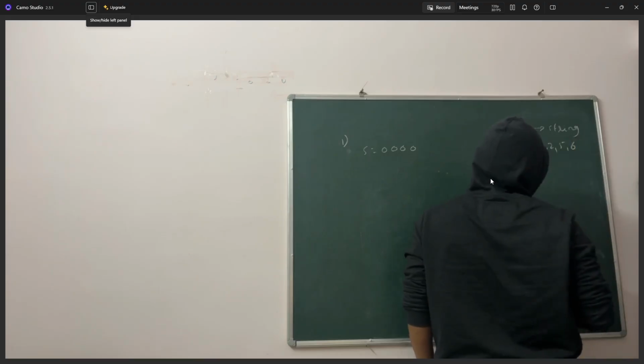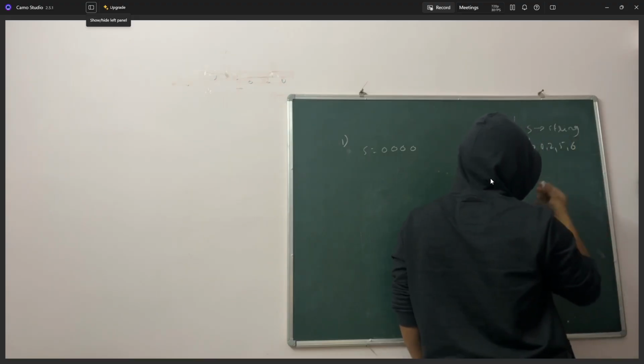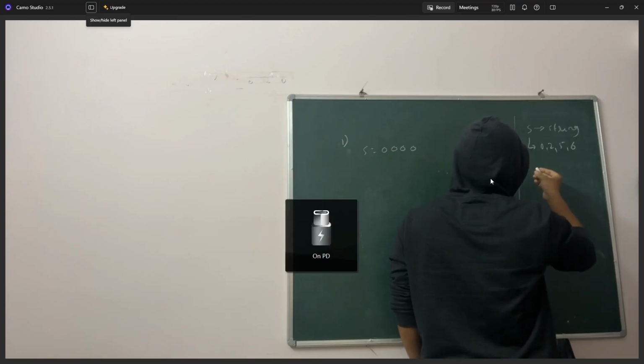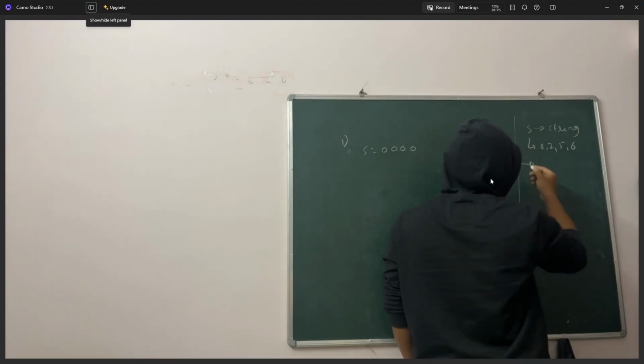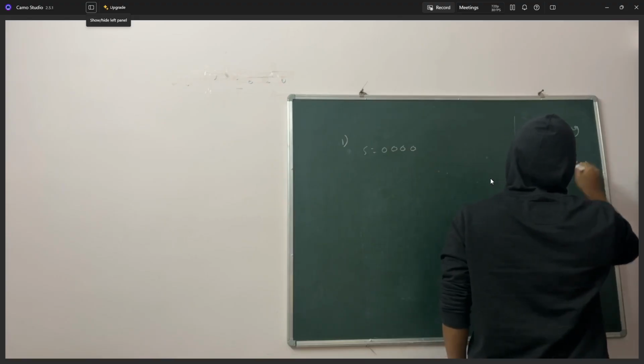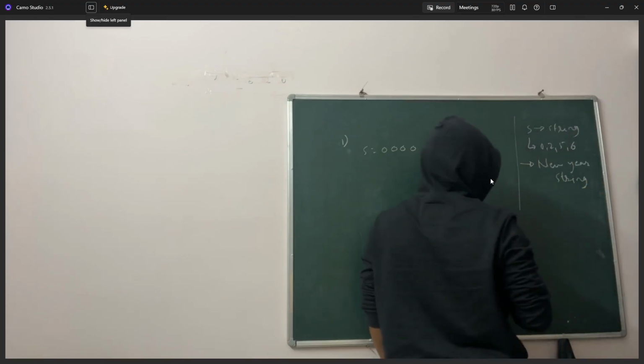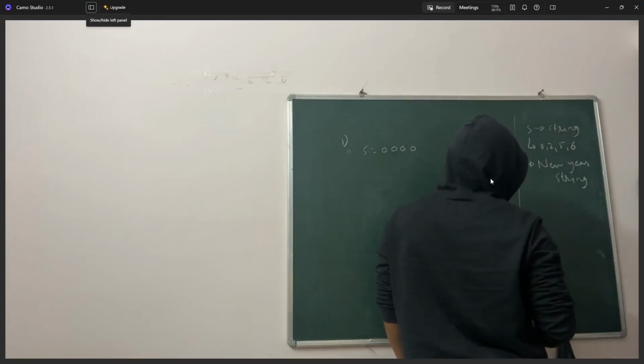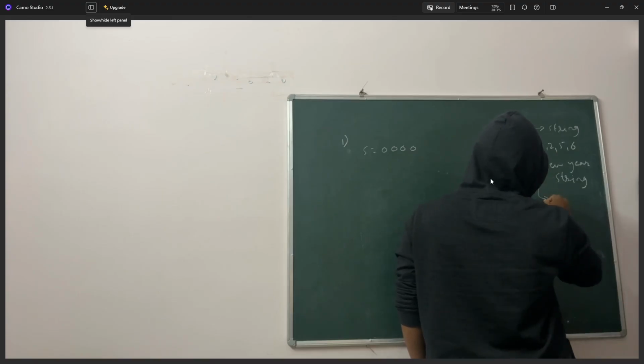It may contain all, it may contain none, kind of a thing. Now our main task is to make a New Year string. Since now is the New Year season, the question is also New Year themed, so we have to make a New Year string. How do you make it?